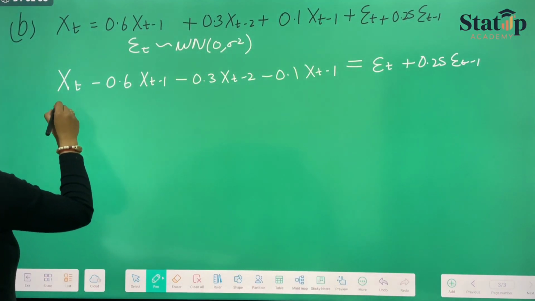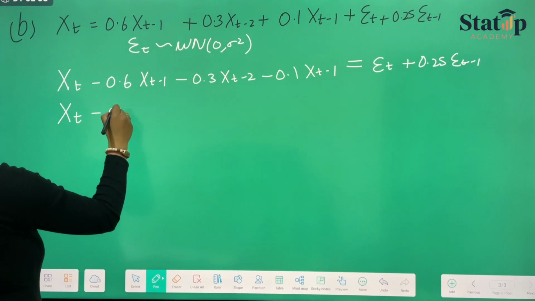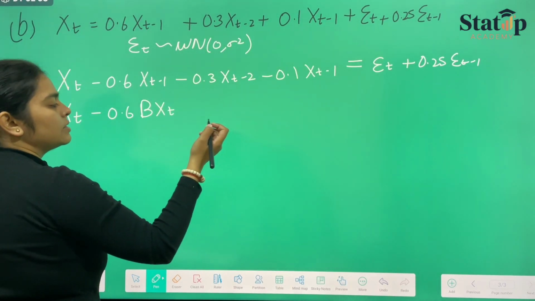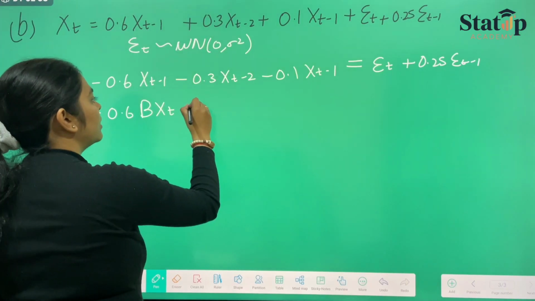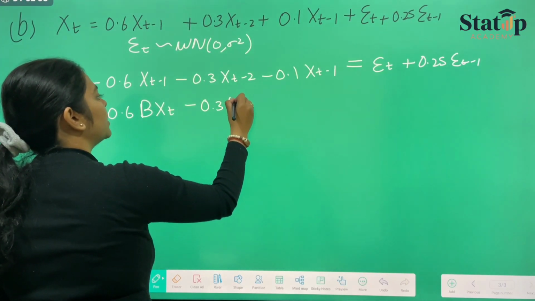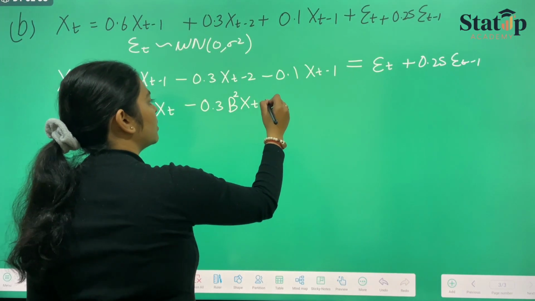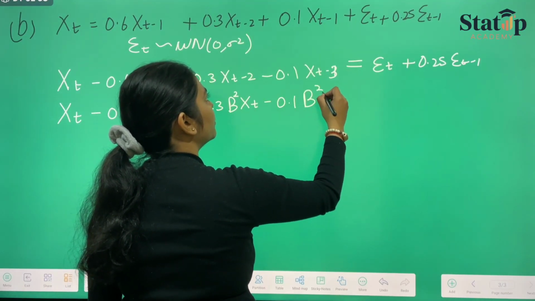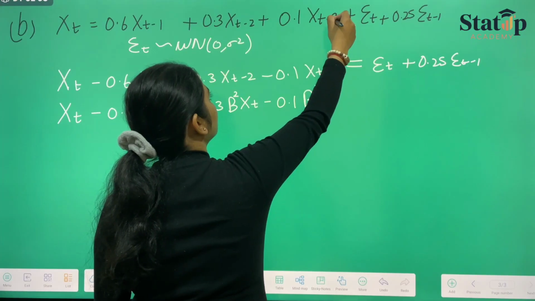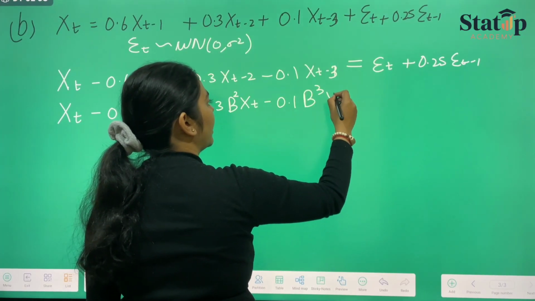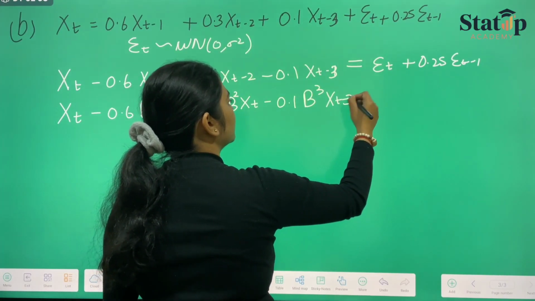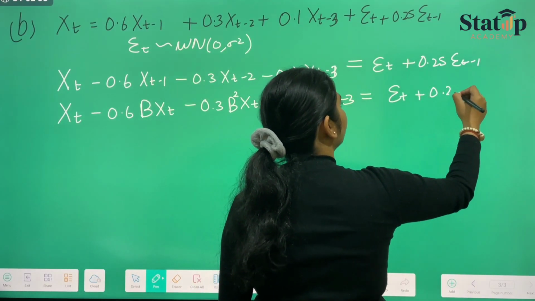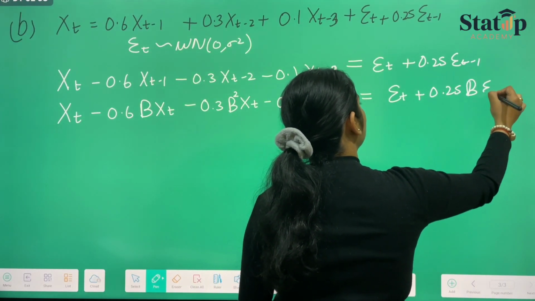Now we can write it as xt minus 0.6 B xt, taking B as the back shift, minus 0.3 B square xt minus 0.1 B cube xt equals epsilon t plus 0.25 B epsilon t.